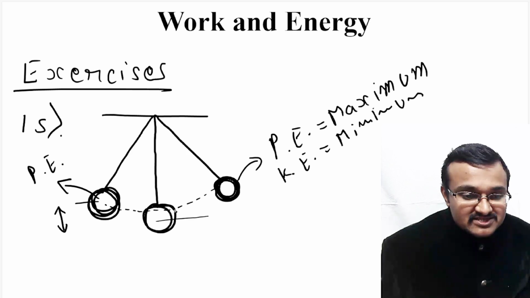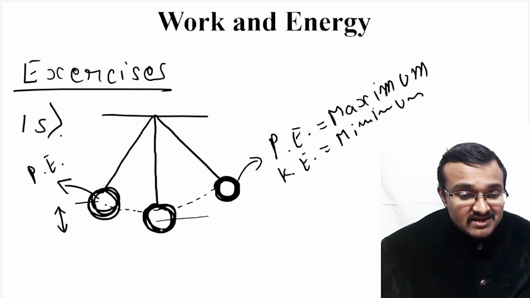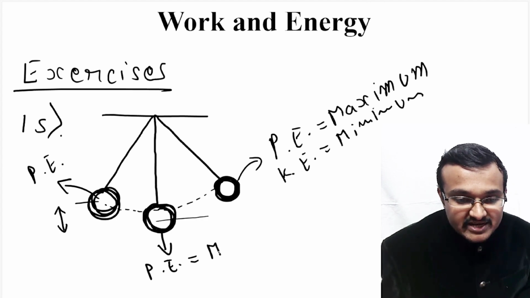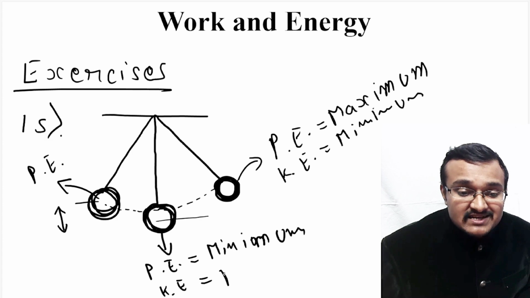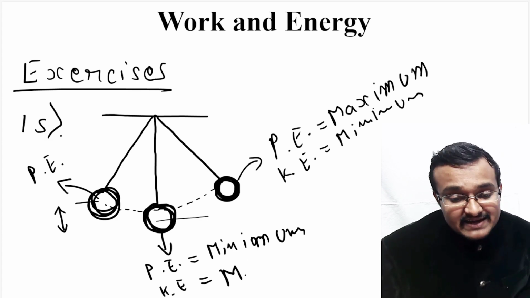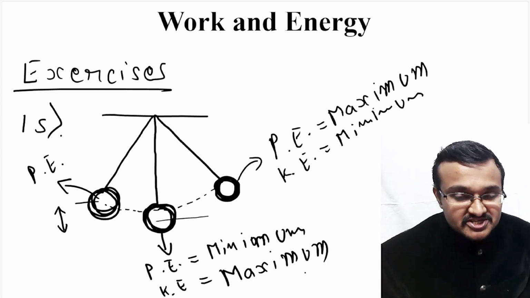When the pendulum reaches the middle position, that is the mean position, potential energy becomes minimum and kinetic energy becomes maximum. So at the extreme ends potential energy is maximum, but at the mean position it becomes minimum, and kinetic energy becomes maximum at the mean position and minimum at the extreme positions.